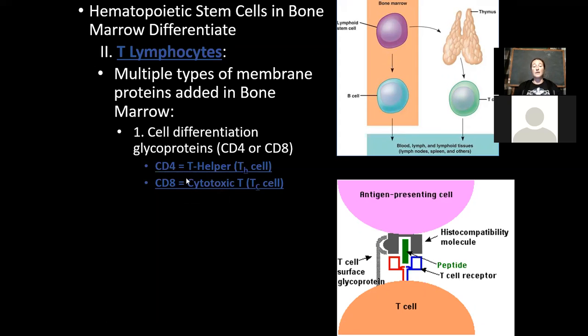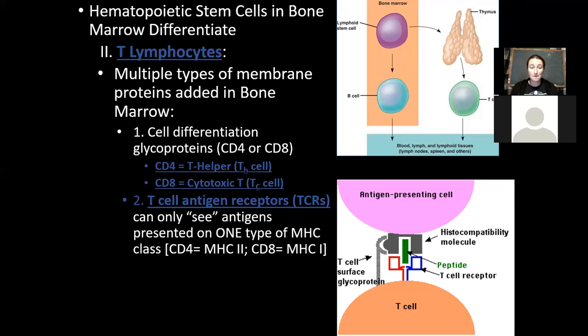So T helper are going to kind of help different immune responses, and cytotoxic are actually toxic to cells, right? So they're actually going to be killing different invaders, right? And I go like this because they're like poking holes in them and allowing all their guts to leak out, and therefore they die. Okay, so again, the surface proteins that determine the identity of the T cells are CD4 for T helper cells and CD8 for cytotoxic T cells.